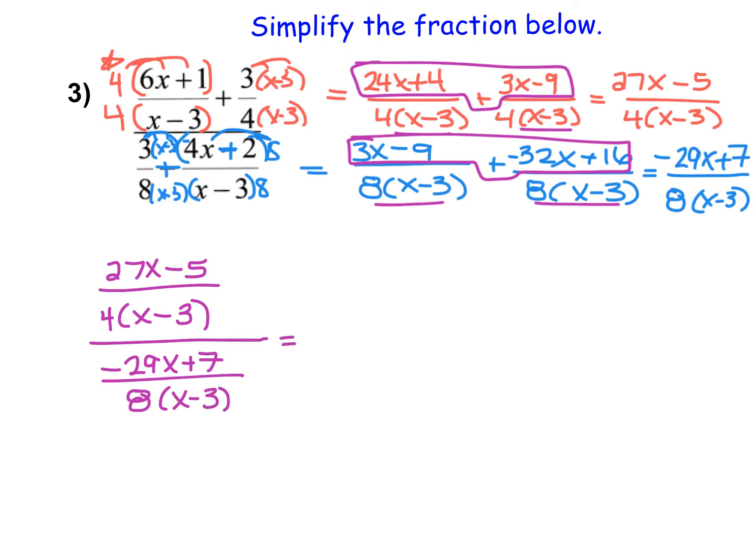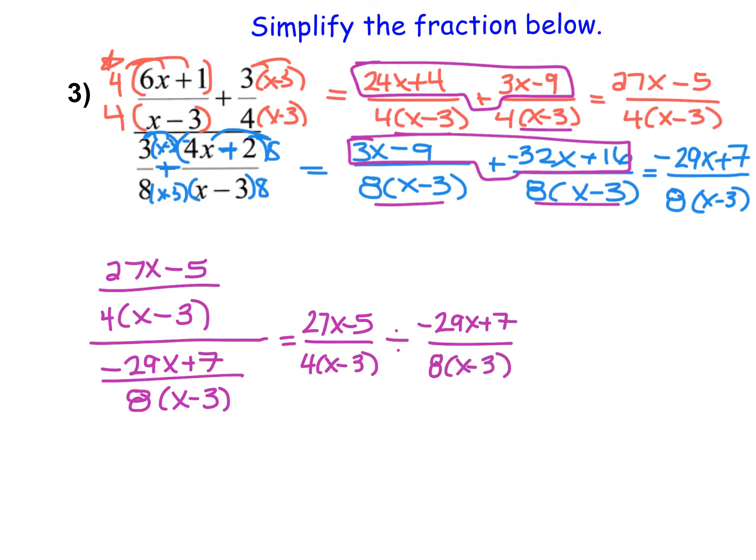So now I can turn this into a division problem. So let's rewrite this a little nicer. So we have 27x minus 5 over 4 times x minus 3, and then we have all of that divided by negative 29x plus 7 over 8 times x minus 3.